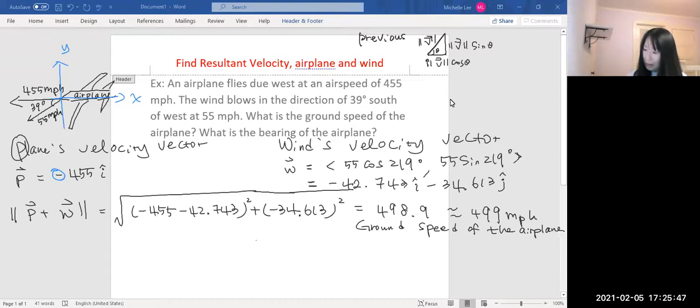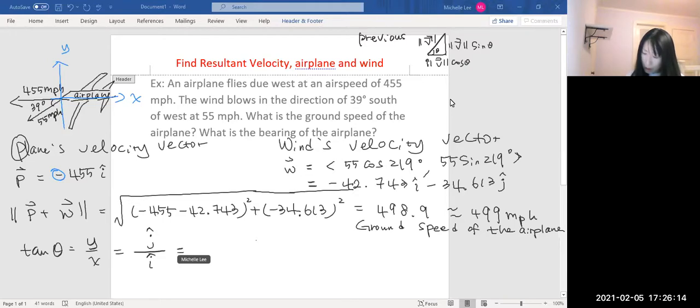Secondly, we're going to find the angle theta. In general, we're going to use arctangent. So tan theta equals y over x. Y is the j component and x is the i component.